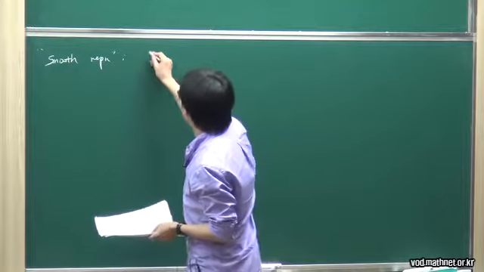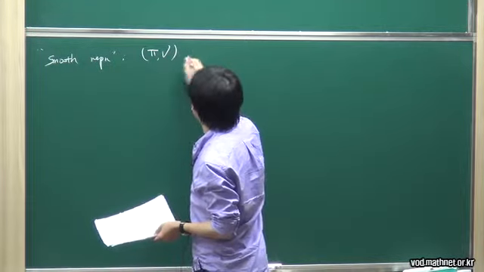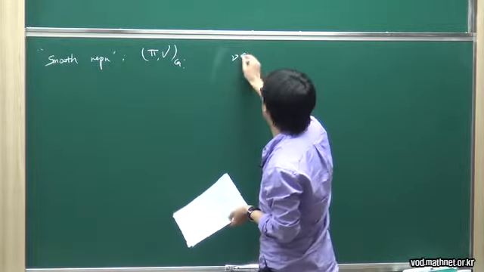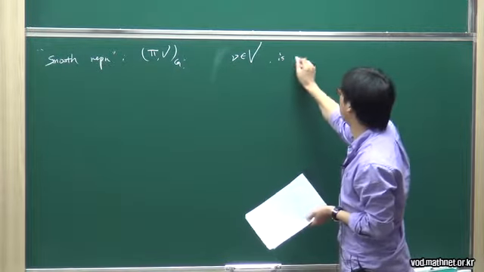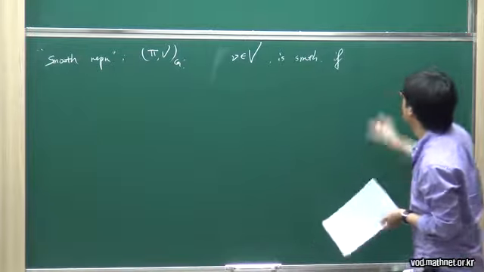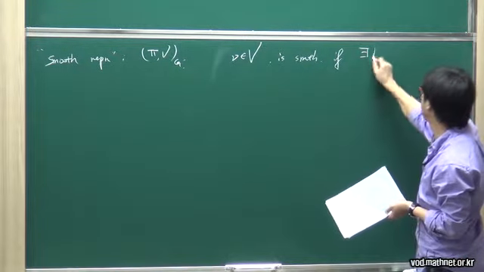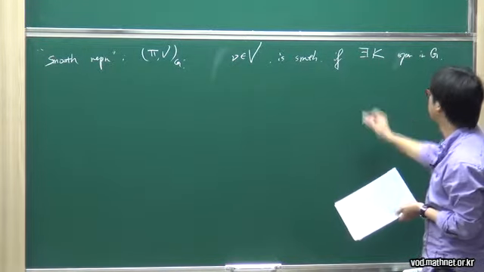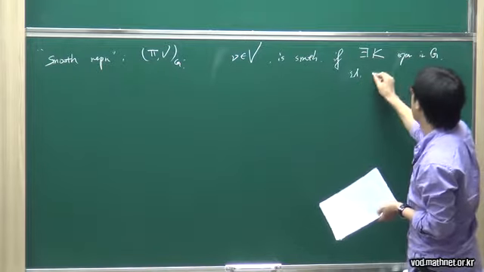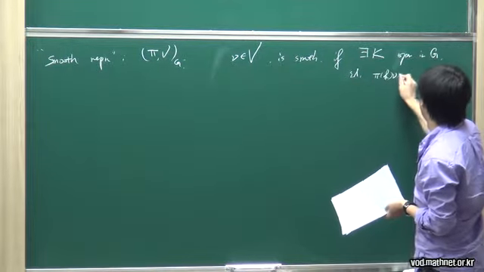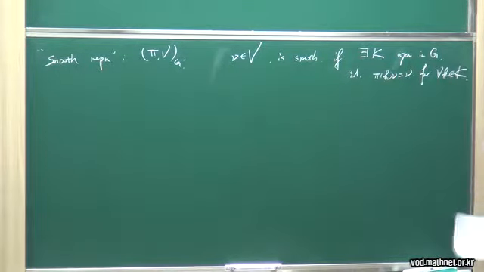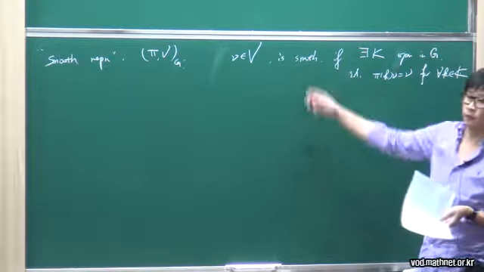In fact, given any representation of G, a vector in V is called smooth if there exists an open subgroup K of G, open in G, such that every element in the open subgroup K can fix this vector. So we will call this smooth.